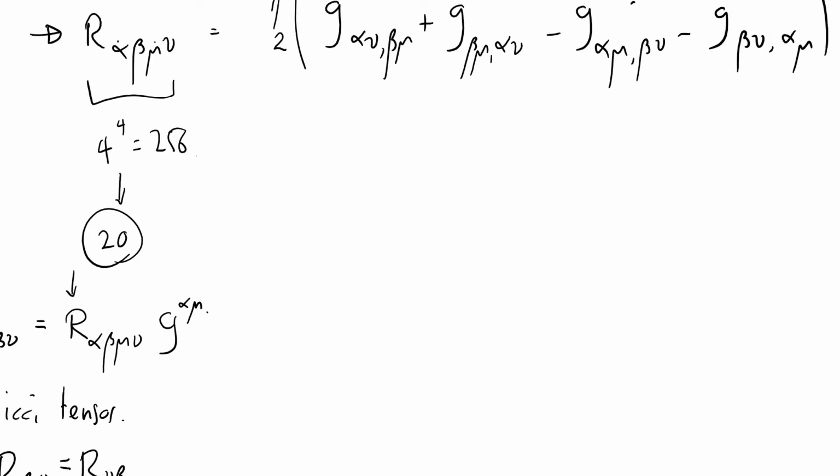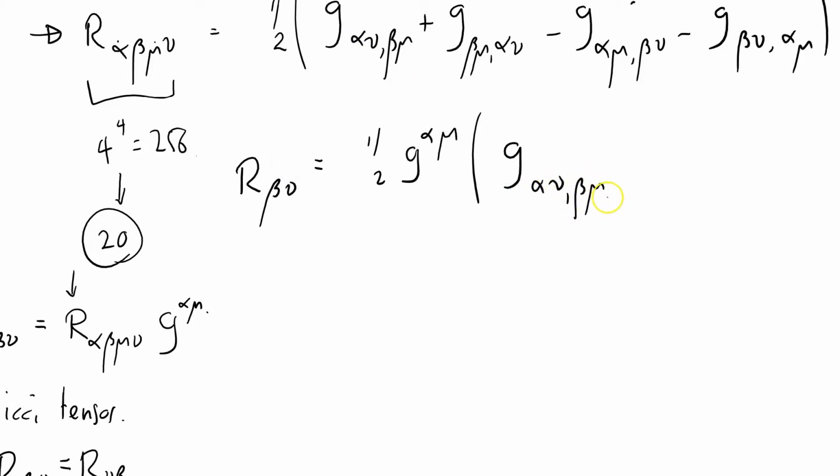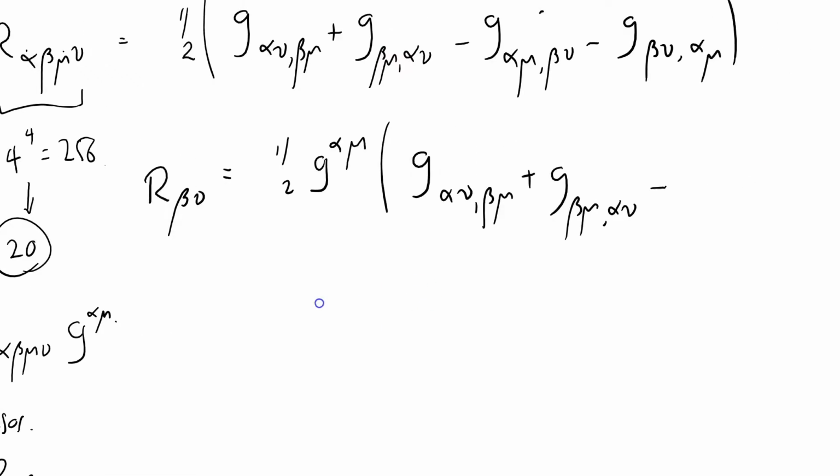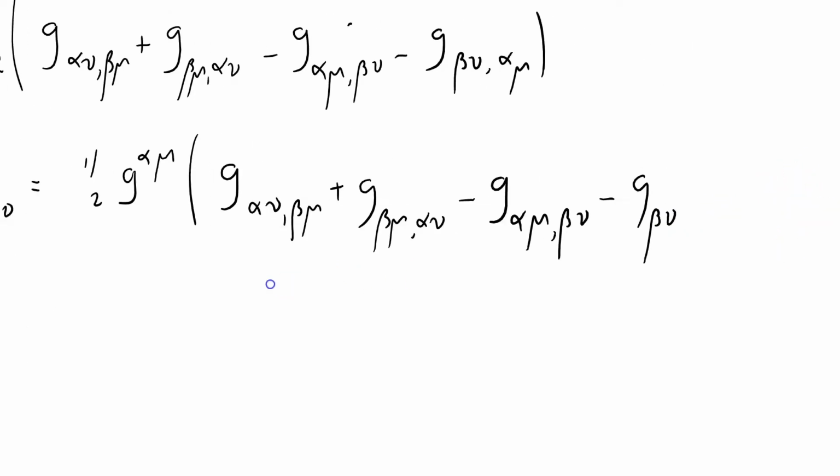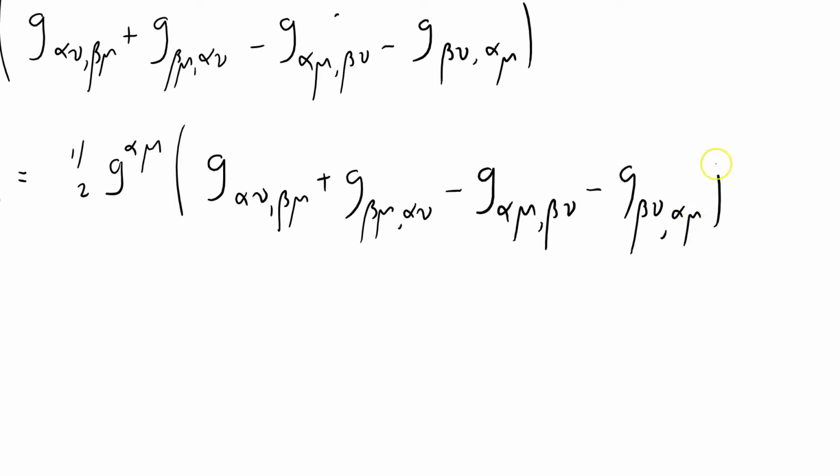Right, so I've got my equation here. I'm going to say what R beta nu is. So that's equal to a half g alpha mu times this thing here. g alpha nu, comma beta mu, plus g beta mu, comma alpha nu, minus the 2 negative terms, g alpha mu, comma beta nu, minus g beta nu, comma alpha mu.